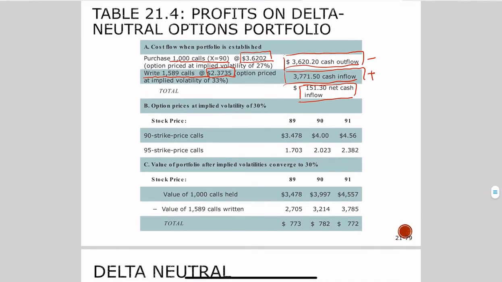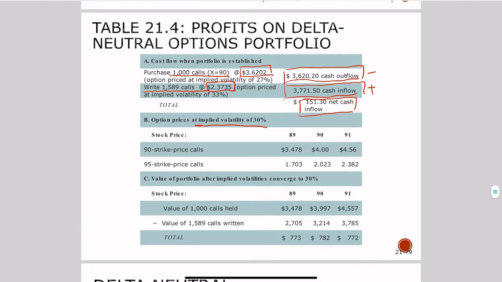And you want to verify that you're indeed hedged. So now let's say in the end, the implied volatility of these two call options will converge to 30%. So in this case, obviously, again, using Black-Scholes, you can find out these two call prices under different stock prices.